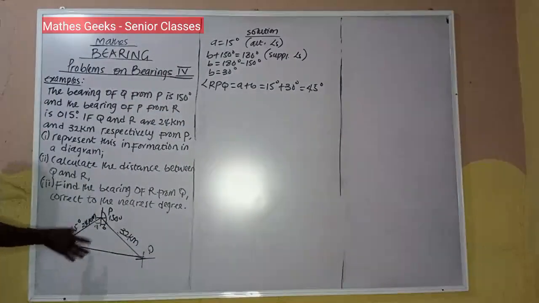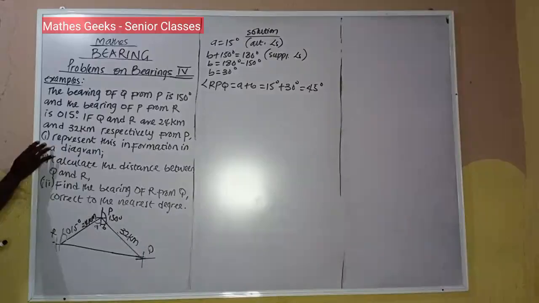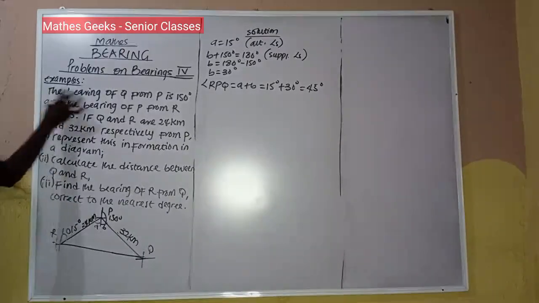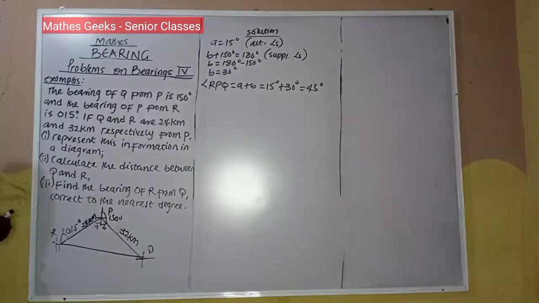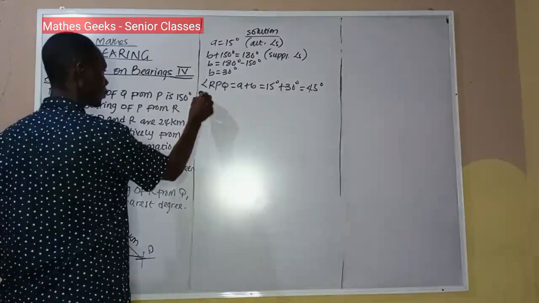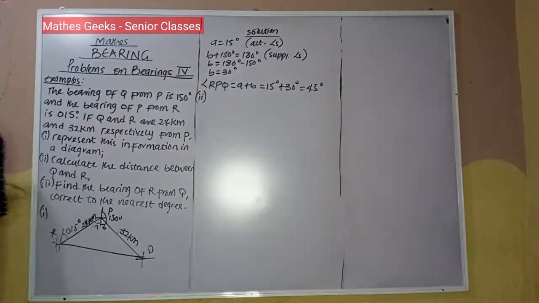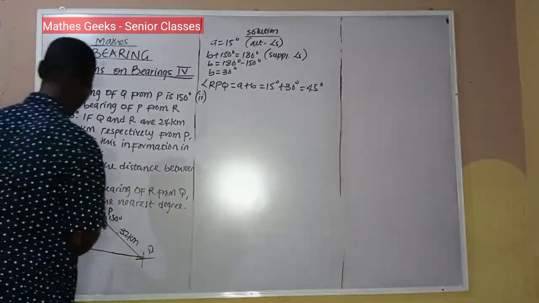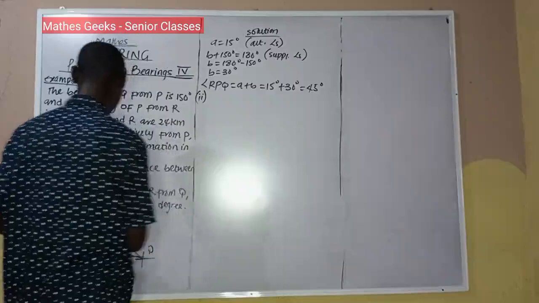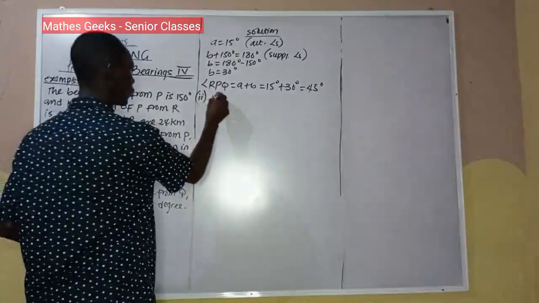Roman figure 1 says we should represent this information in a diagram, which is already done. Roman figure 2, we should calculate the distance between Q and R. To do that, we're going to make use of the cosine rule.